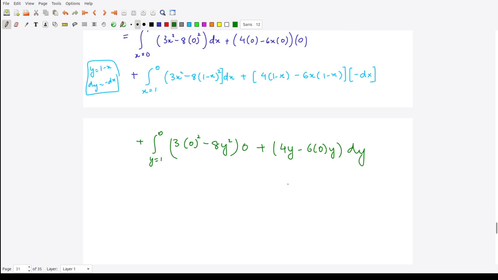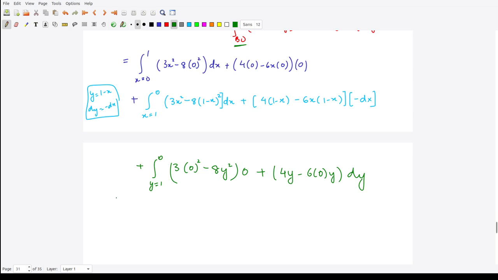So next let's simplify these terms. For the first quantity, when you simplify this, it is 0 obviously. When you simplify this, you have integration x varying from 0 to 1, 3x square dx.